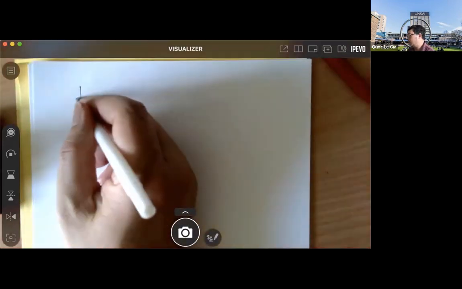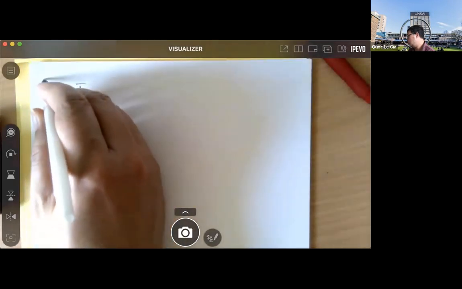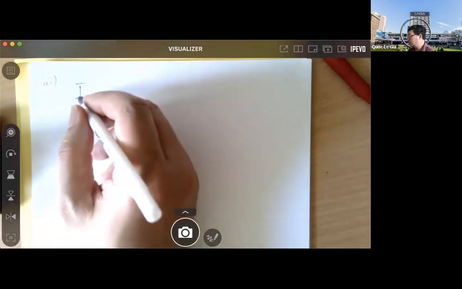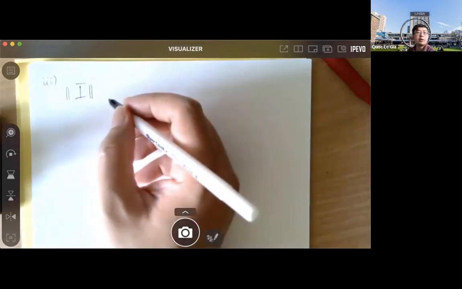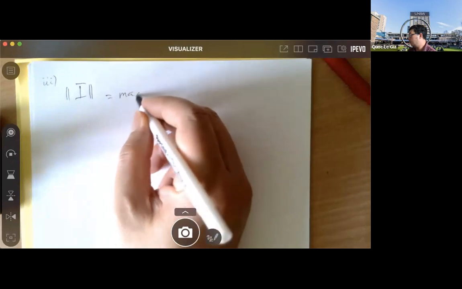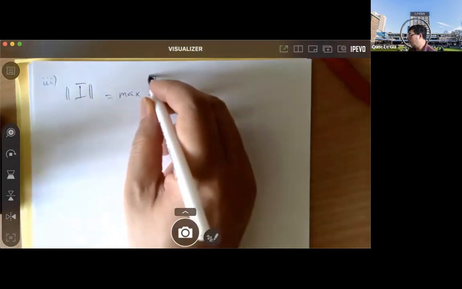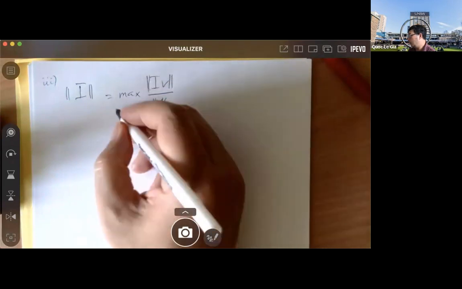So take the identity matrix. Then the claim is that the norm of the identity matrix is equal to 1. The norm of the identity matrix is just the max of the norm of IV over the norm of V, for any norm.